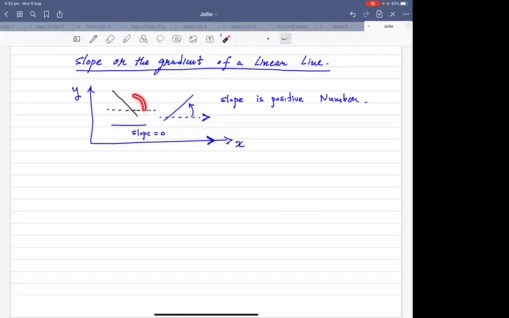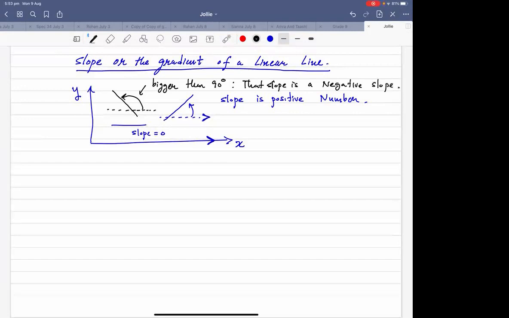So if this angle is so big, like more than 90, right? If this angle is bigger than 90 degrees, that slope is a negative slope.